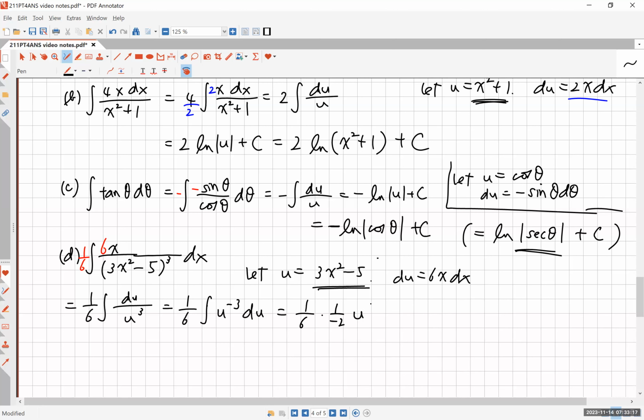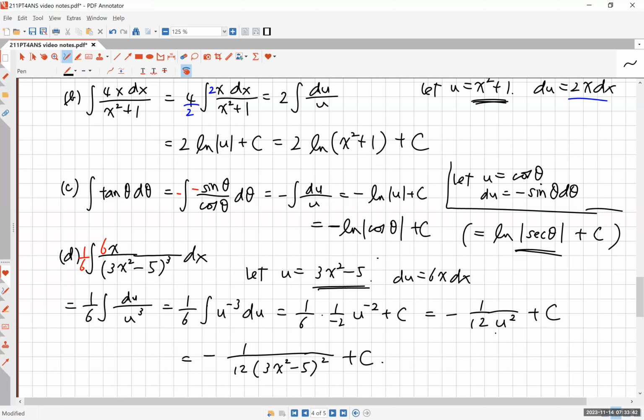So this is what you'll get, like that, right? So let's go ahead and try to simplify this. It's -1 over 12, and then u squared plus c. You can also write this way, -1 over 12. Now u squared is 3x squared minus 5 squared.